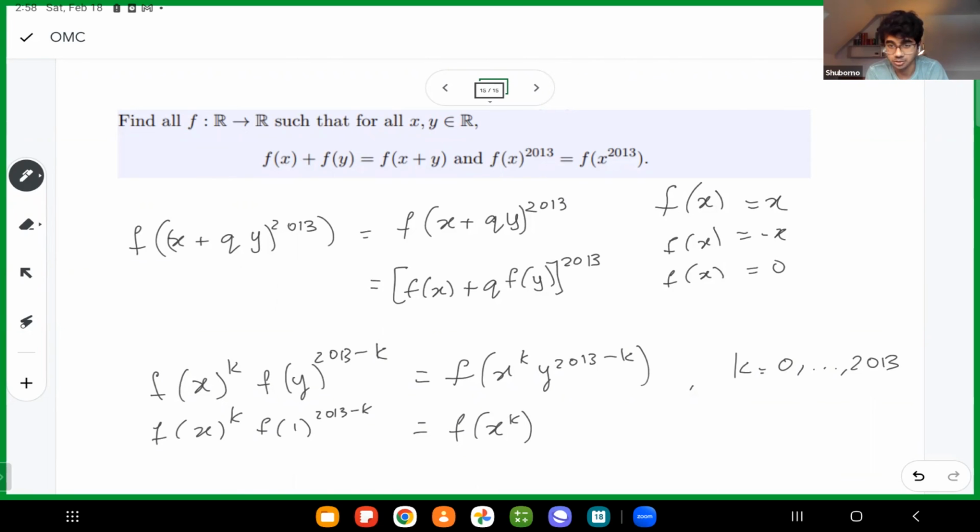I think what you could also argue is that f of 1 is either 0 or 1, right? If it was 0, this equation forces all f of x, you can basically take x to be like 2 or something, and then pick 1, and it basically forces it to be 0 everywhere. And if f of 1 is not 0, so it is 1, you get something like this.